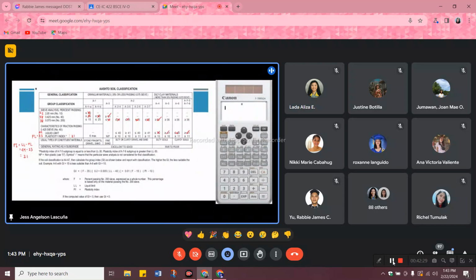Since 44 is greater than 41, and PI is greater than 11, then we are at A-7-5 or A-7-6. So there are two possibilities.